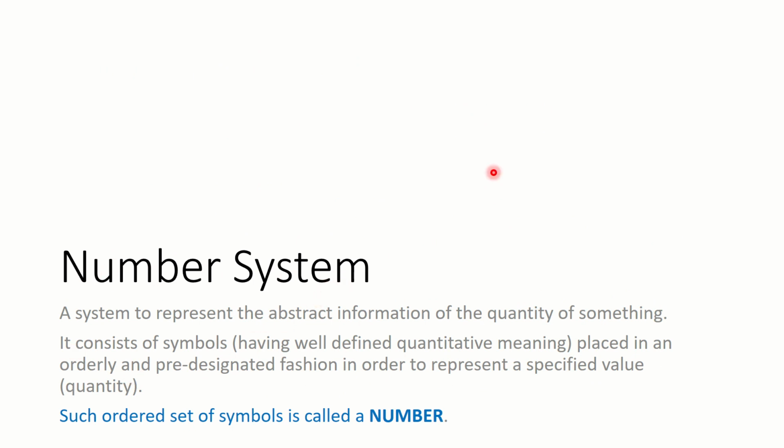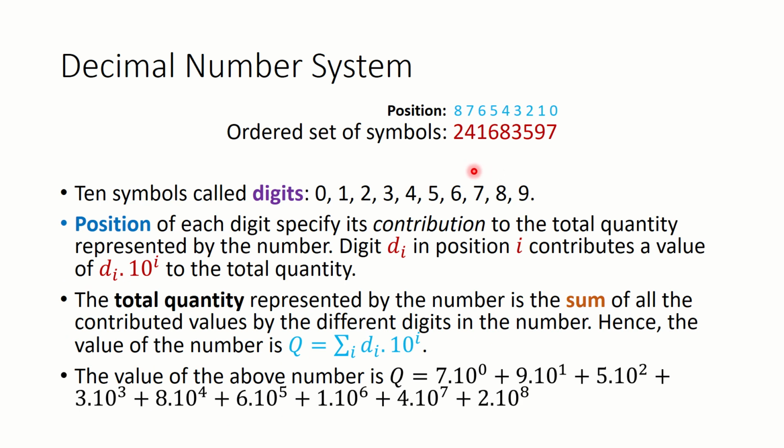You are getting an idea now looking at the number how it fits all together. So, we have an ordered set of symbols, each symbol carrying a particular meaning, and in this ordered set the symbols are placed in pre-designated positions, in a pre-designated manner.